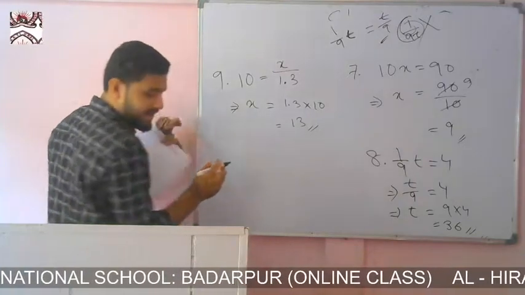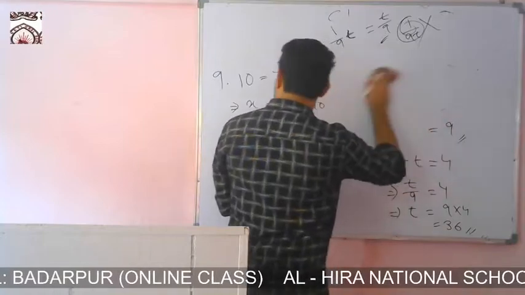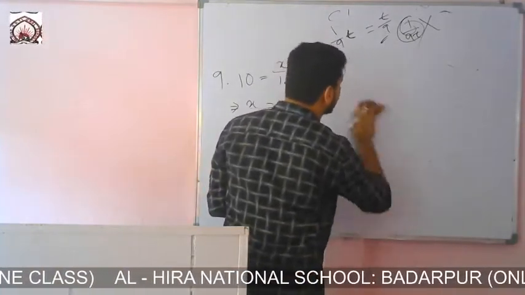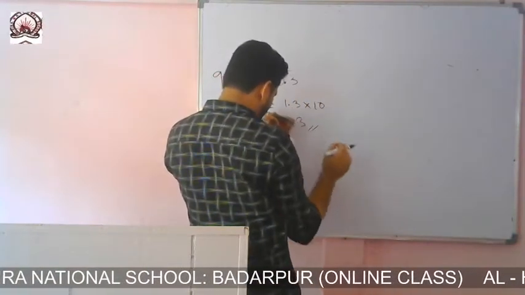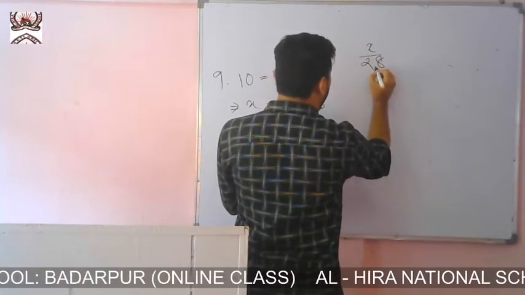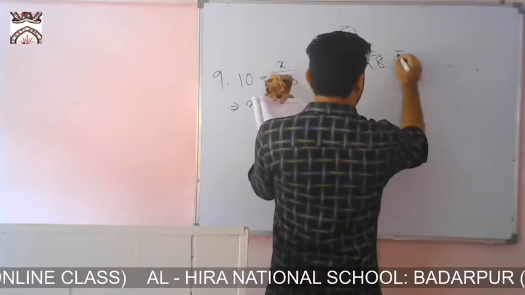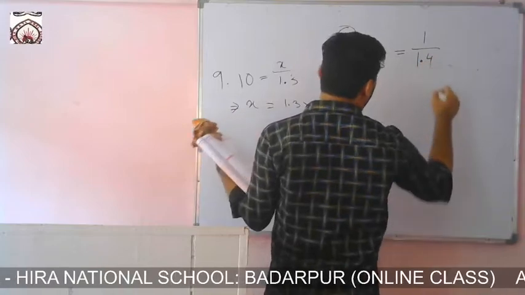Now come to question number 10. Okay. Now come to question number 10. X by 2.8. Question number 10. X by 2.8 equals to 1 by 1.4. Okay.